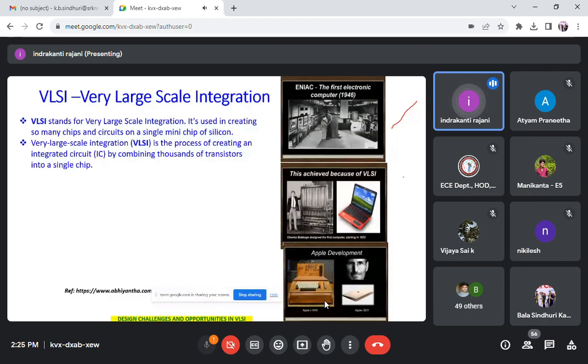At the material level, the component level, and the device level, they started working, and the conversion you can see in the form of a laptop. In the 1990s itself, you can see the laptop. After that, Apple made our life very easy by coming with touchscreen technology in the 2000s, and it introduced the Apple computer.